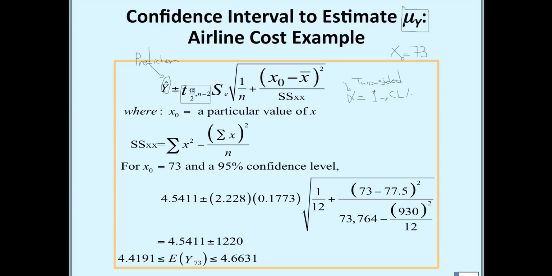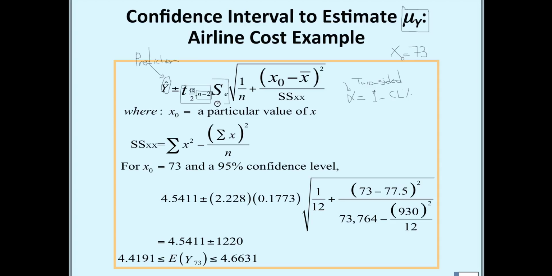So let's say the confidence level was 95%. The two-sided alpha would be 5%. So if you want to look up two-sided 5%, you should look at the two-sided case with n minus 2 degrees of freedom. We had 12 observations, so n minus 2 is 10.